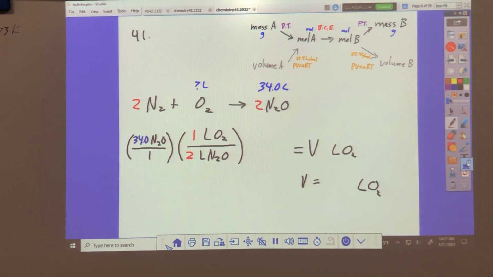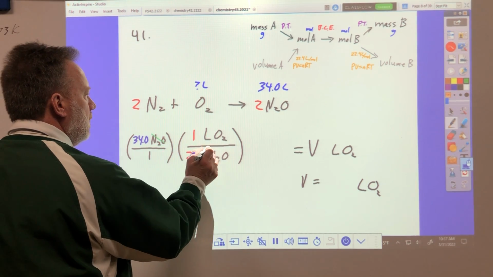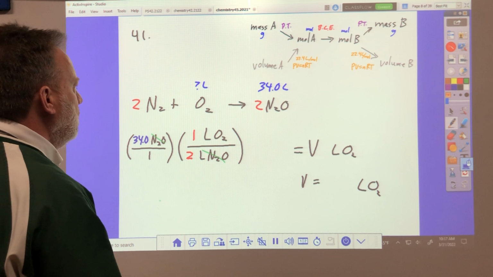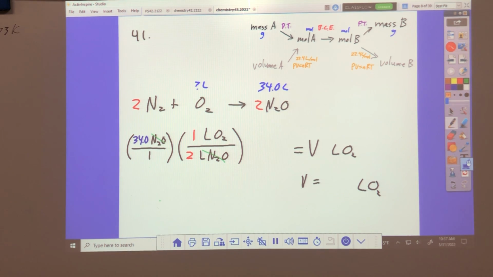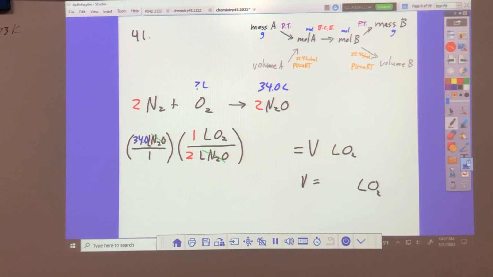By the way, I haven't been paying a lot of attention to these units canceling. This should be liters N2O right here. Get liters N2O, stick an L in there. So that cancels.